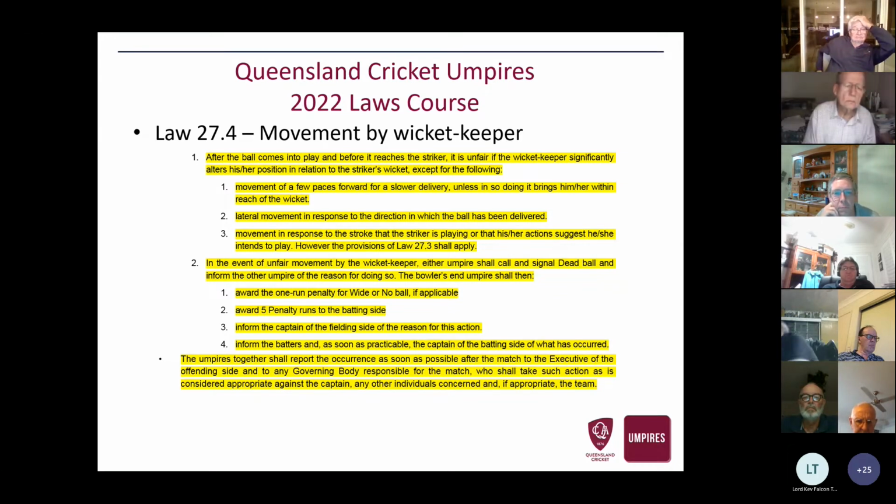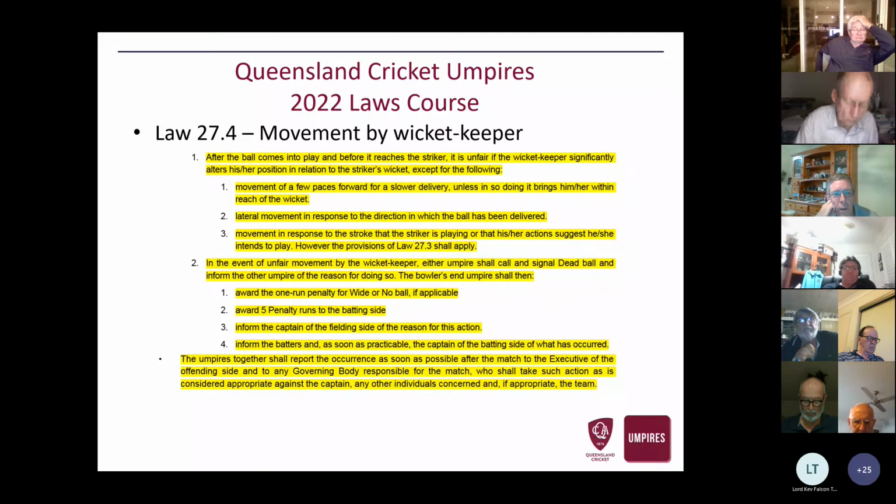In the event of any unfair movement by the keeper, so for example, they realise it's going to be a slower delivery and significantly alter their position so that they're now in reach of the wicket and can affect a stumping, that is unfair movement.